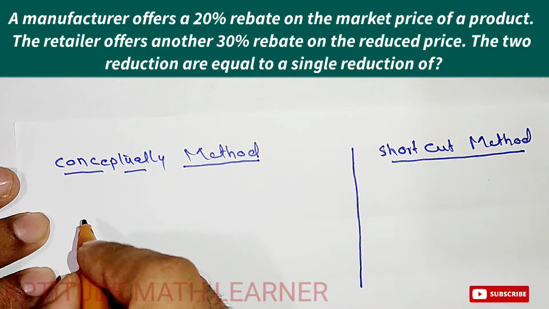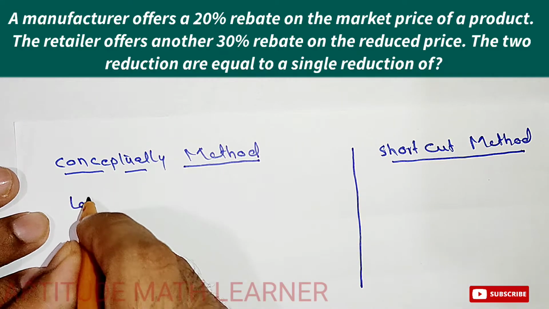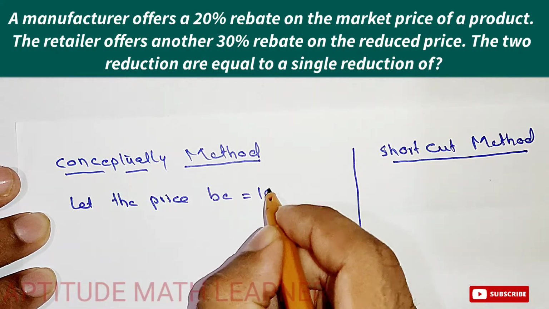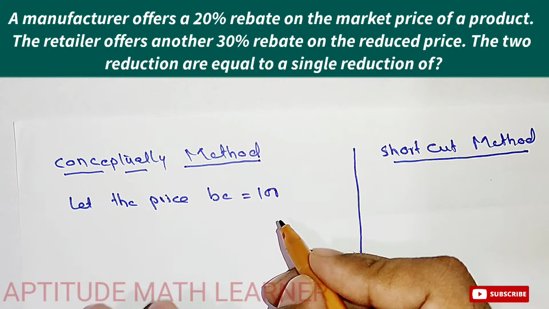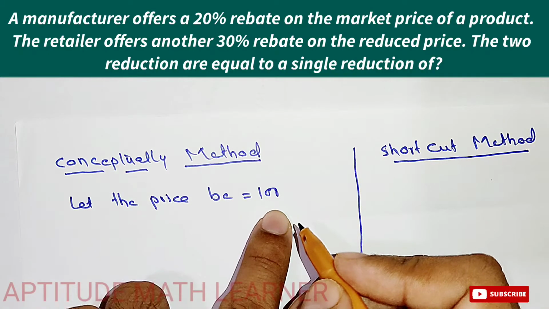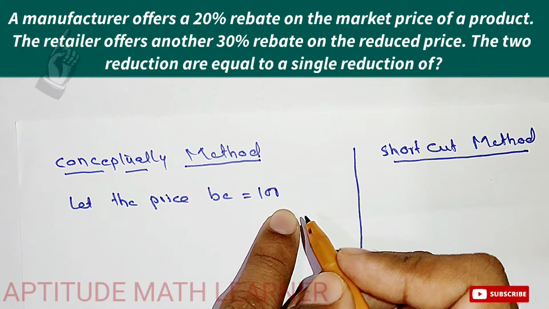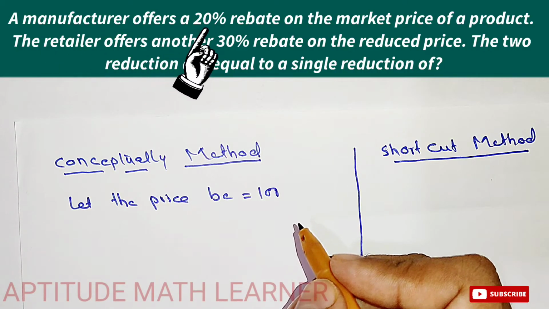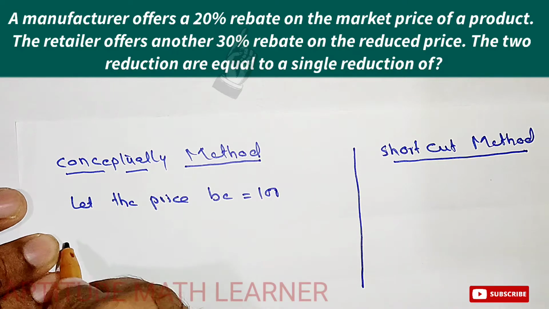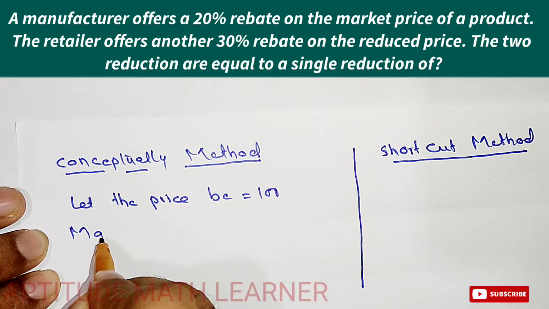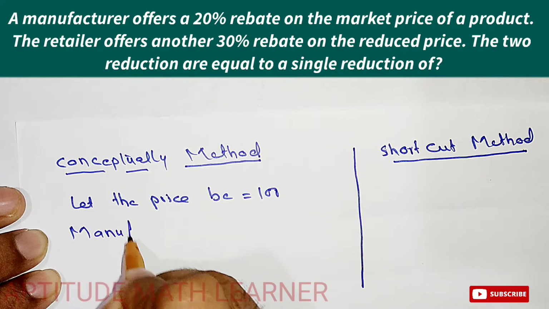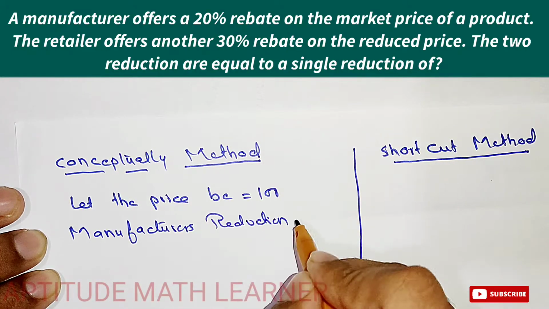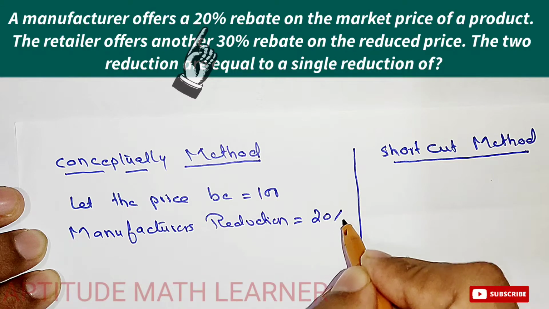So we have just supposed the price to be 100, and from this 100 the manufacturer offers a reduction of 20%.